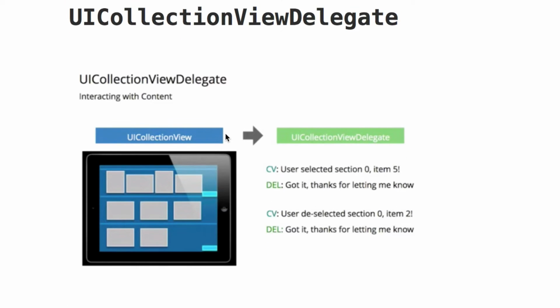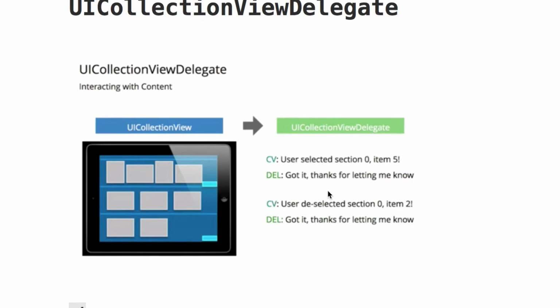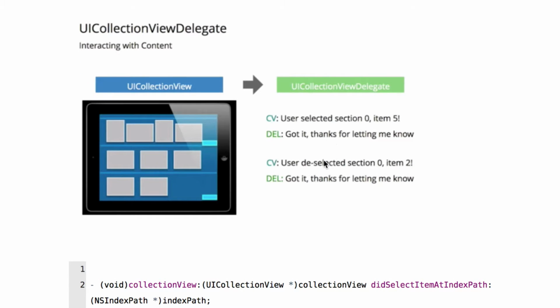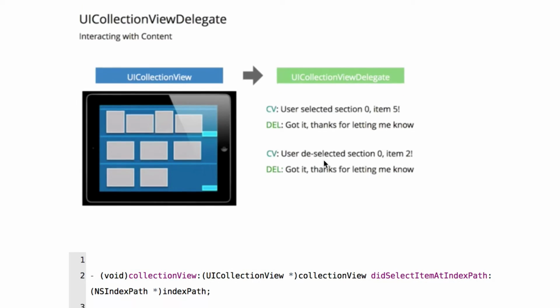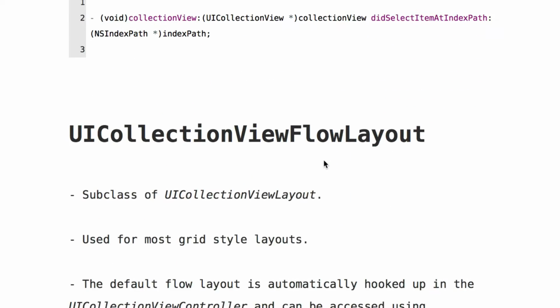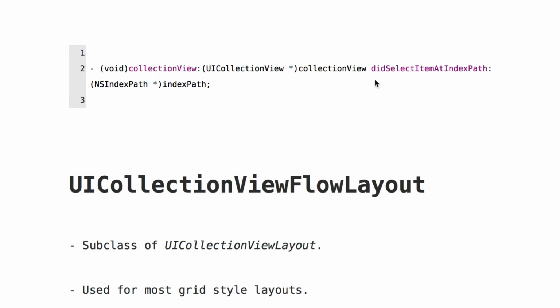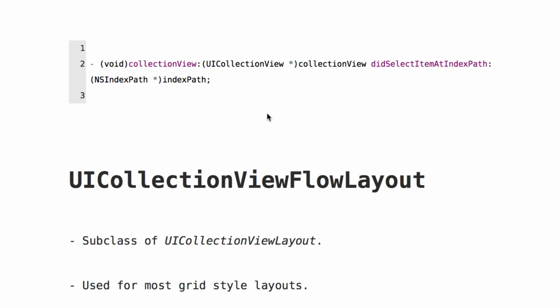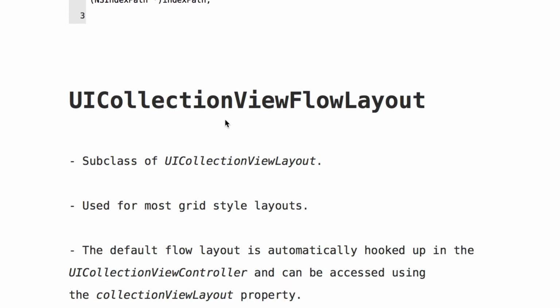Here's the UICollectionView delegate. It's going to respond to events. If the user selects section 0, item 5, then the delegate will fire a method that you're going to intercept: collectionView didSelectItemAt indexPath. We looked at the table view version of this yesterday in the breakout.